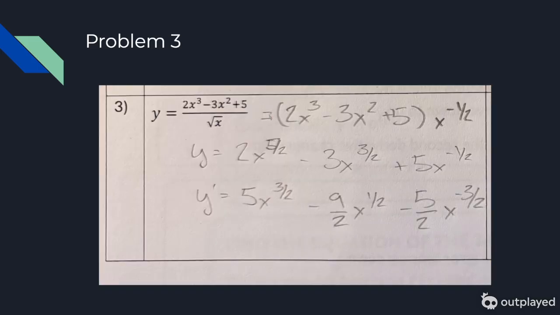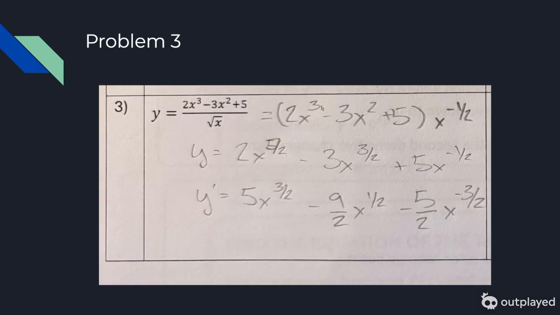Now we have problem number 3. This one's going to be a little bit longer, a little bit more lengthy, but should still be the same process. Instead of using the quotient rule, we simplify first by rewriting square root of x as x to the 1/2, and then moving it up so it's x to the negative 1/2, and then we distribute that x to the negative 1/2 to every expression inside of here.